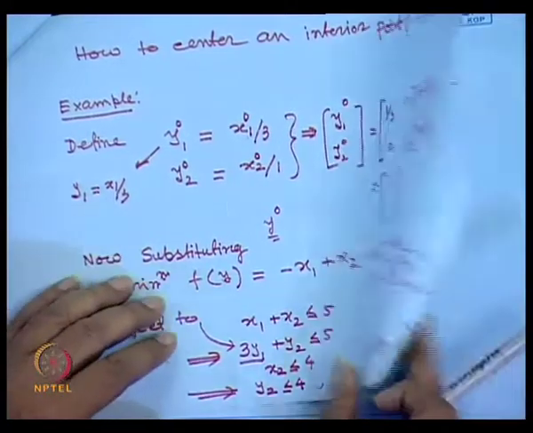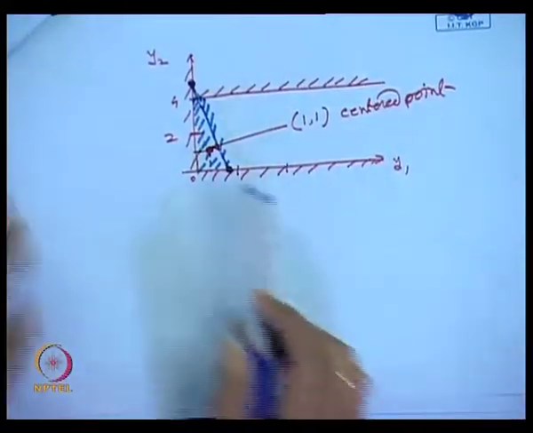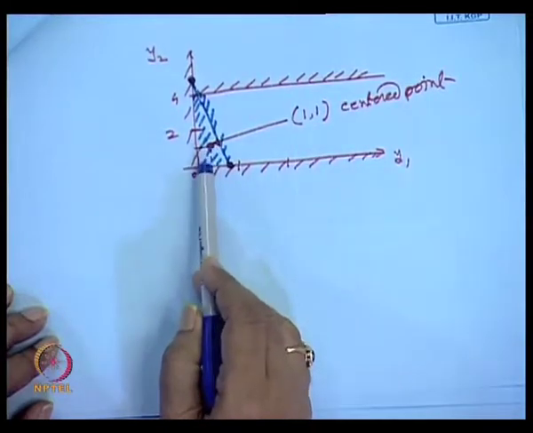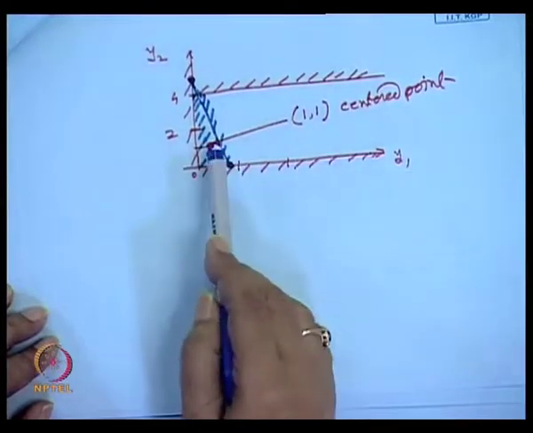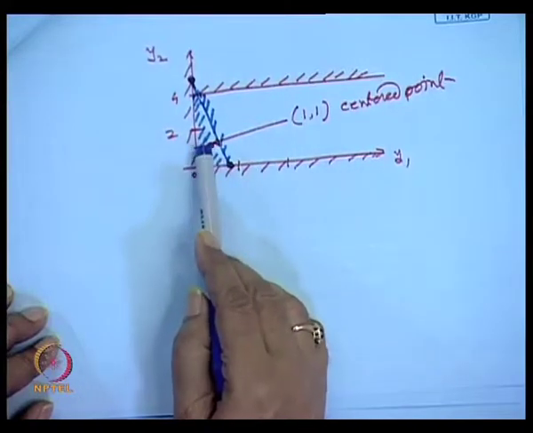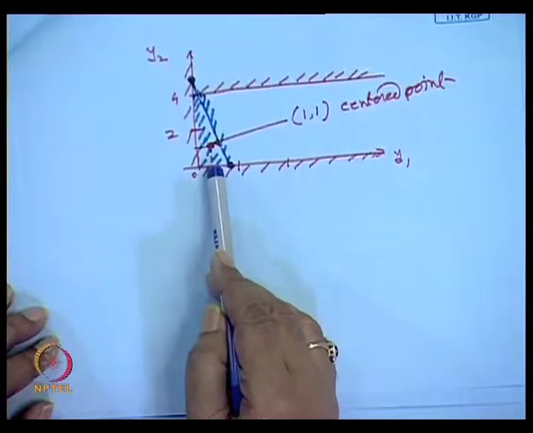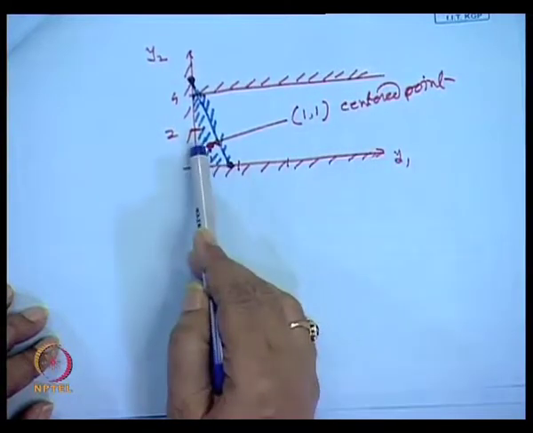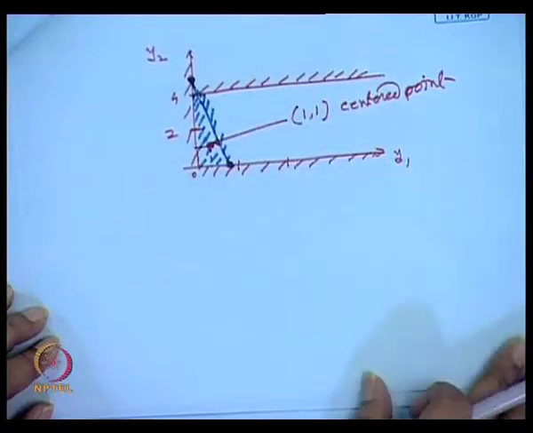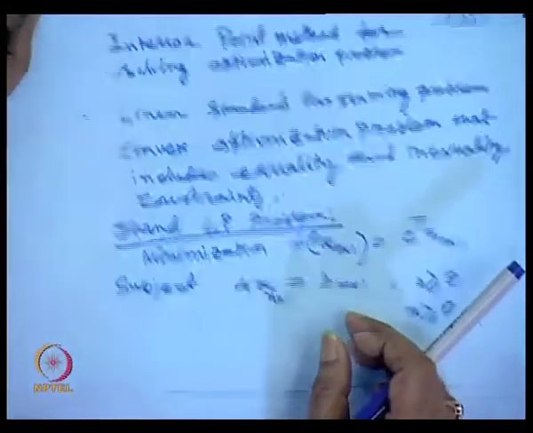Now, point B is transformed into the new coordinate point 1, 1, which is equidistant from the y1 axis and y2 axis. In general, now we will show how to proceed.